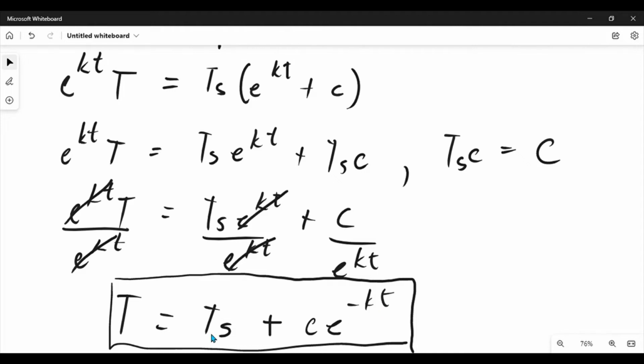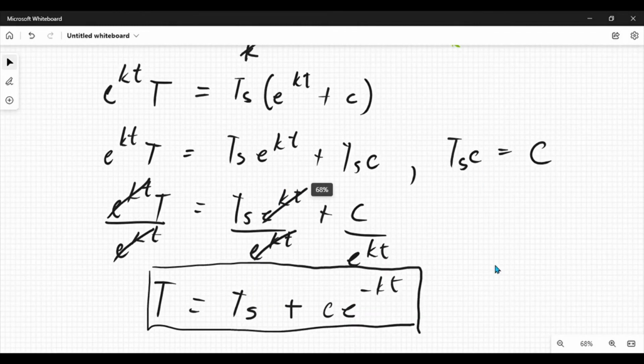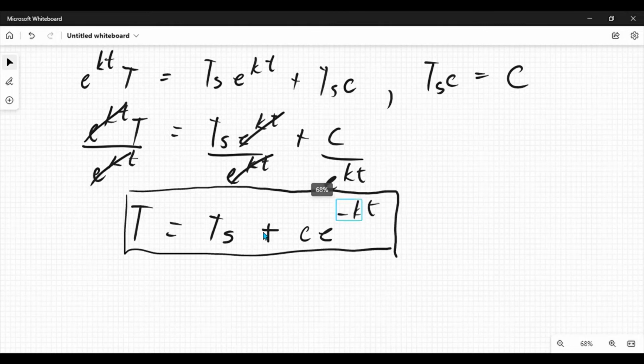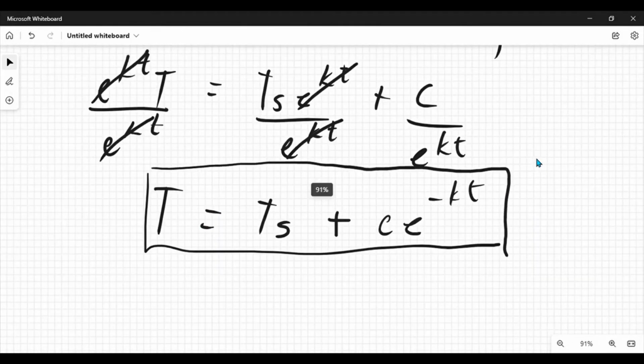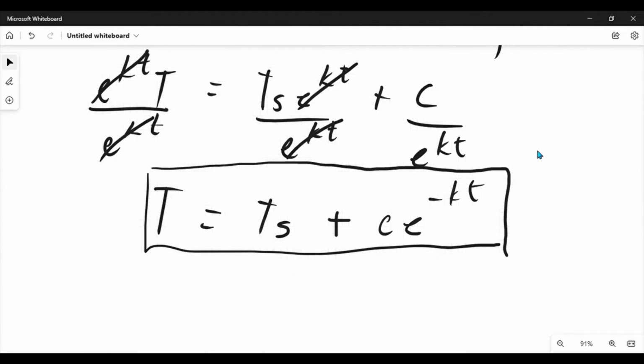Therefore, an alternate formula for Newton's law of cooling is T, the temperature of the object at a particular time, equal to T sub S, the temperature of the surroundings, plus C e raised to negative kt. Now take note of this formula, because we will be using it in solving the problem that follows.